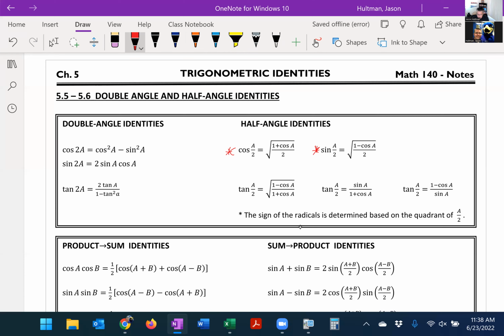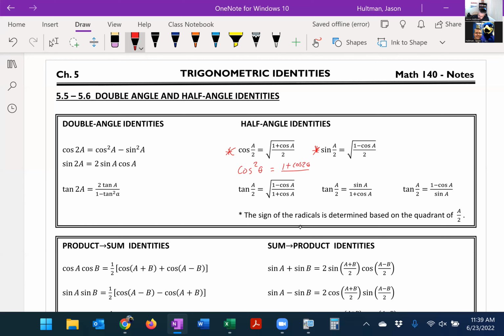So basically of all the identities that we've covered so far, these are the ones that you're going to be using the most, because I can rewrite these in a slightly different form. I could write this as cosine squared A is equal to 1 plus cosine of 2A all over 2. Maybe I'll use theta instead of A, so it's a little less confusing.